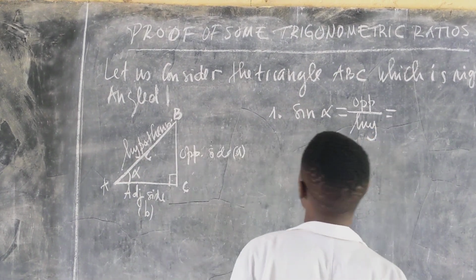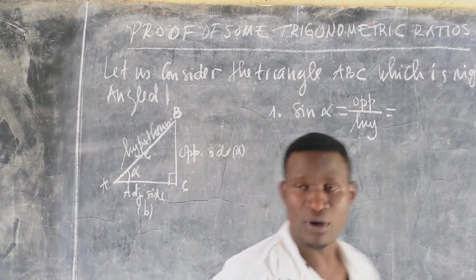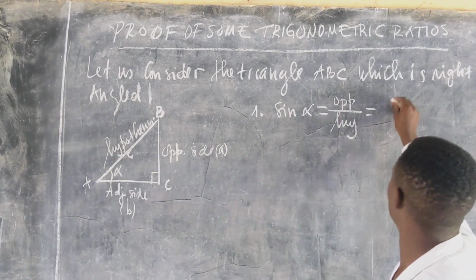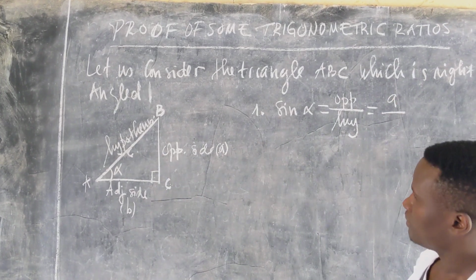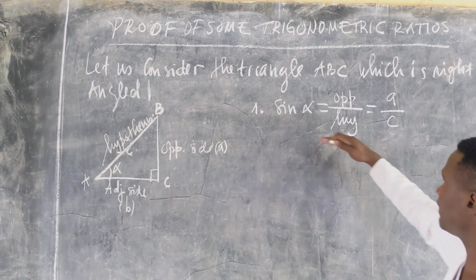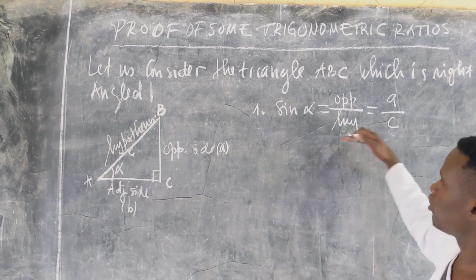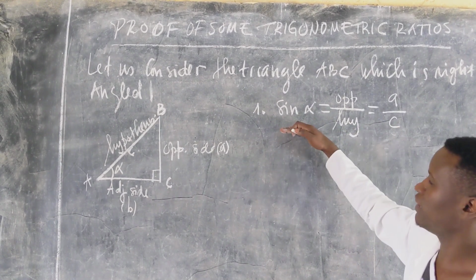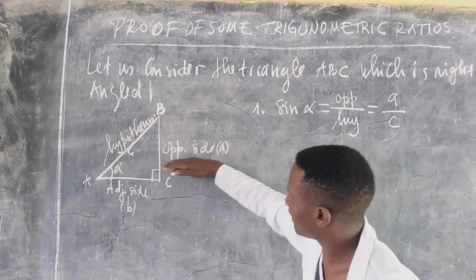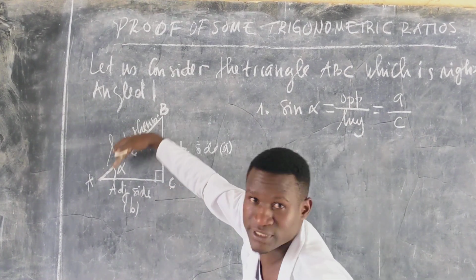This means that for the angle alpha, the opposite side is equal to a and the hypotenuse is equal to c. This is the first trigonometric ratio, called the sine. The sine of an angle alpha is equal to the opposite side divided by the hypotenuse.